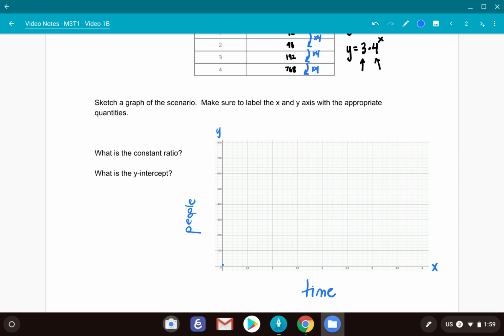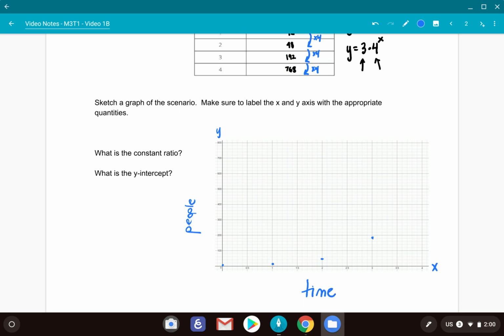It's going to be kind of an estimate down here since our scale goes from 0 all the way to 100. When I have day 1, that's 12 people. Still an estimate of where that point is. Day 2, we're at 48 people, which is almost halfway up here. Day 3, we're at 192 people.